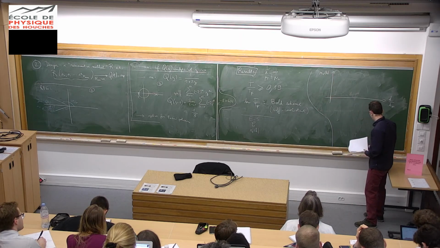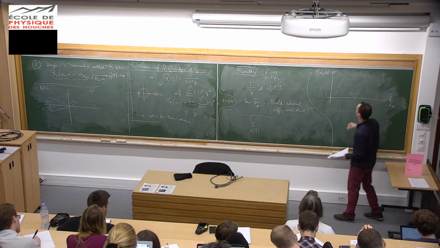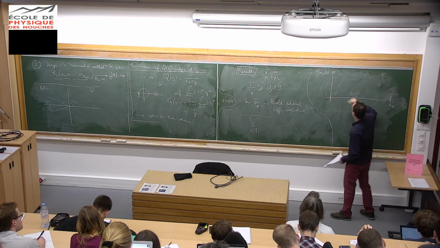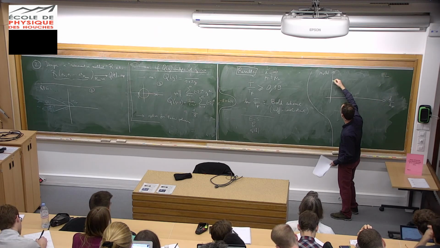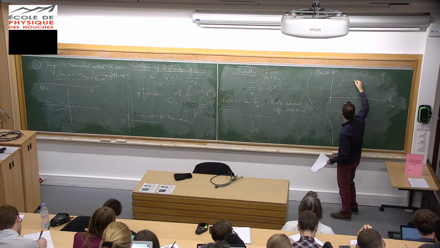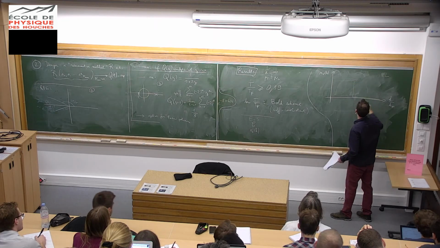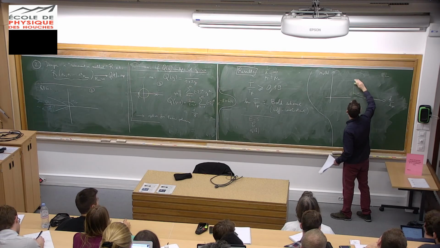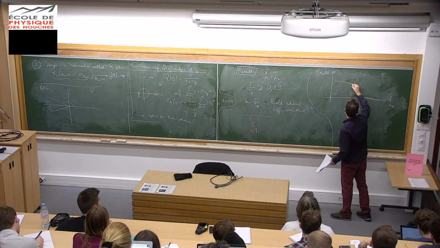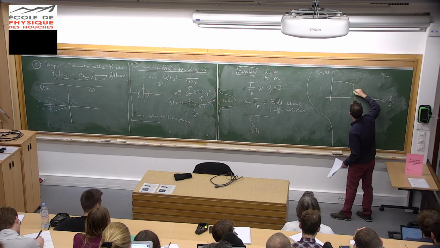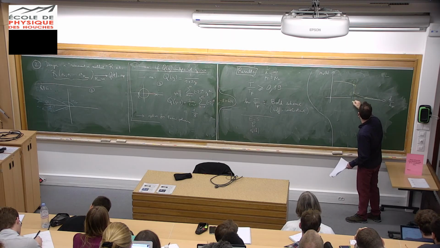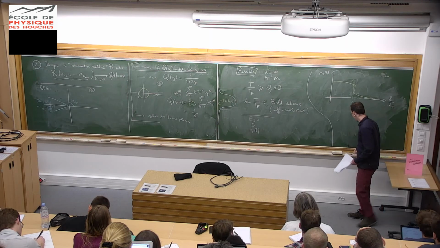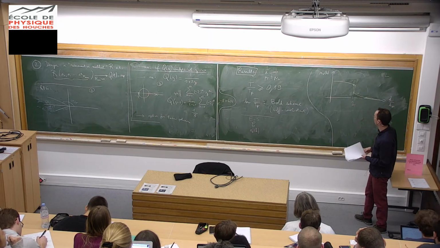As you learned from Misha Baranov last week, if you would have a Fermi liquid, then at 0 temperature, or if you extrapolate to 0 temperature, you are supposed to get a jump at the Fermi surface.